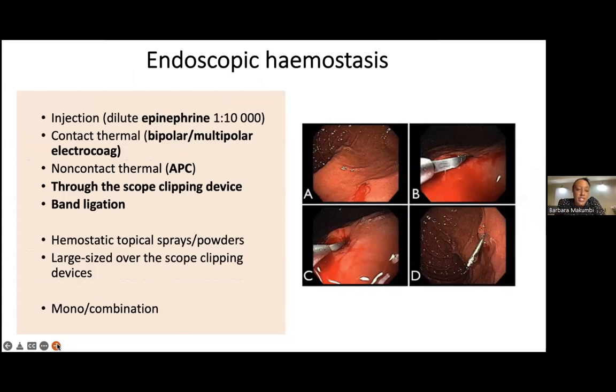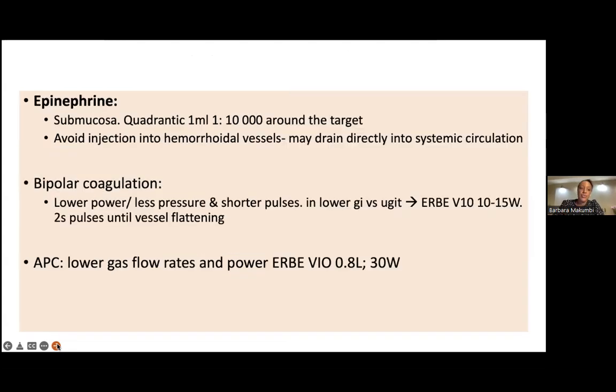One being injection with epinephrine, contact thermal intervention with bipolar or multipolar electrocoagulation, your APC, through-the-scope clipping devices, band ligation. They talk about hemostatic topical sprays and powders, and large over-the-scope clipping devices. Most of these need to be used with 2 interventions together.